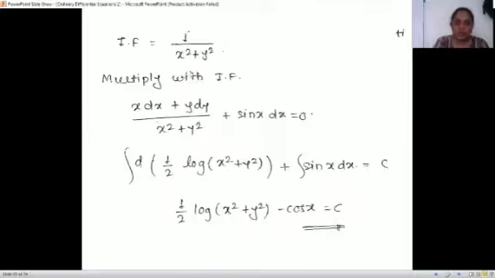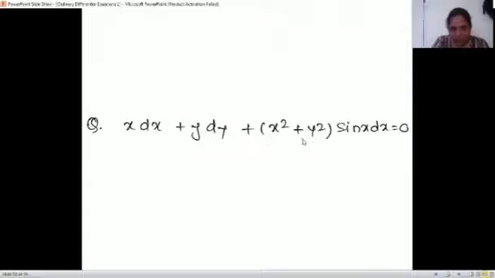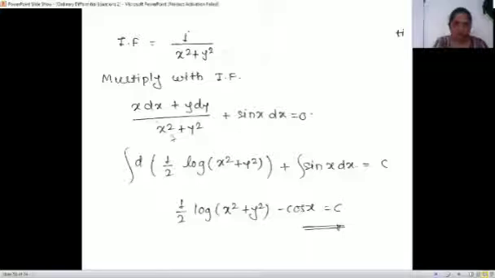So what we do here is we try to remove this part, and therefore we divide by x square plus y square, right? So we get this, and then if we adjust 2, its derivative will be on the upper side. This is nothing but adjusting that 2, 1 by 2 into 2x dx plus 2y dy, right?